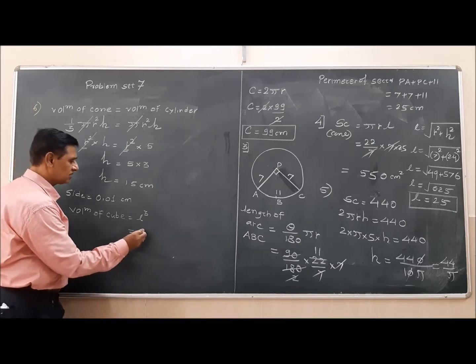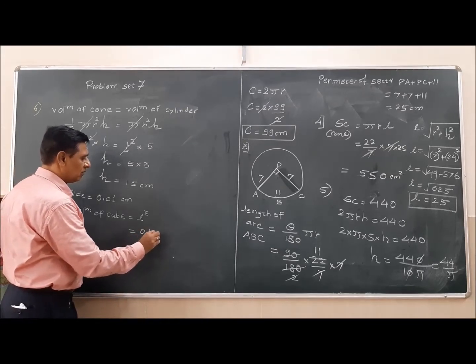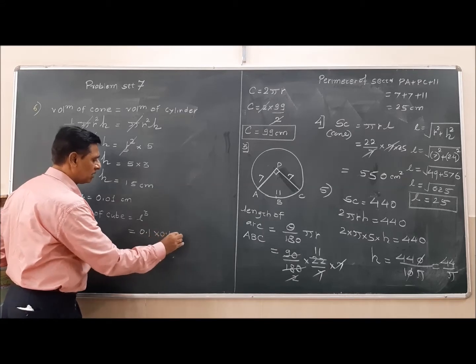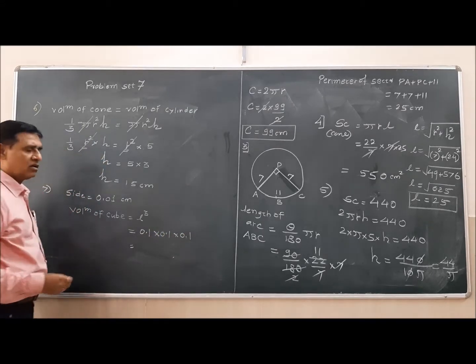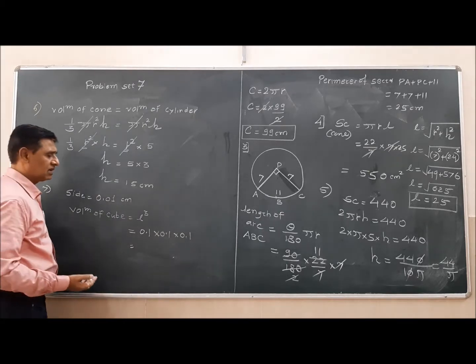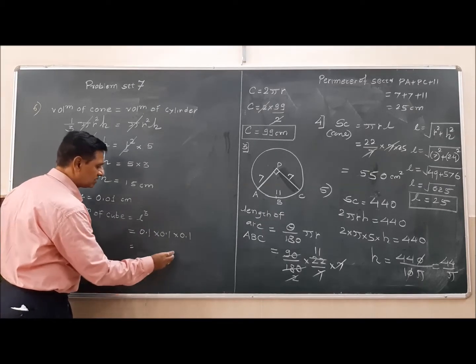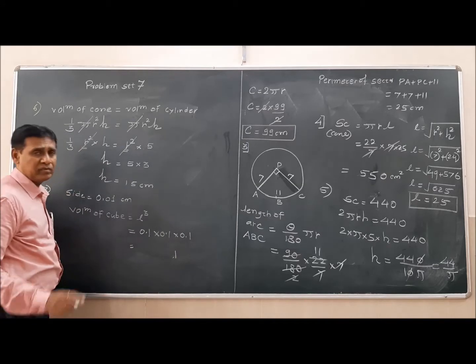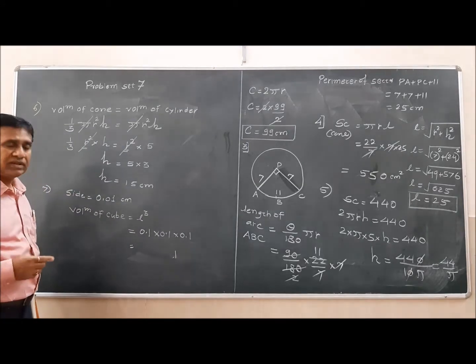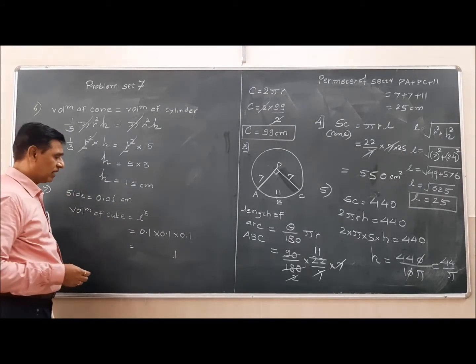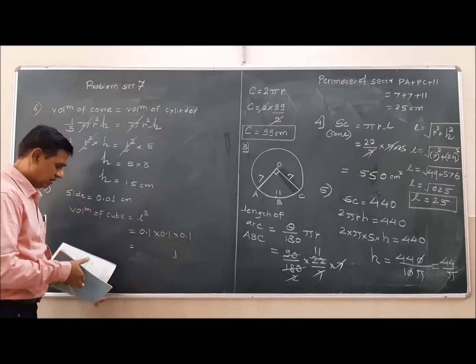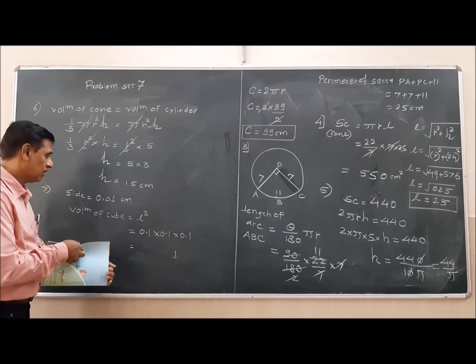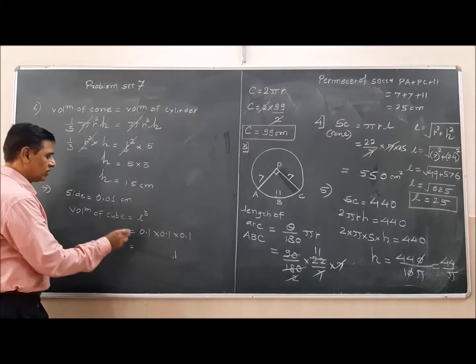So I'll get it as 0.1 multiplied by 0.1 multiplied by 0.1. Of course, you will find that 1 into 1 into 1, so I'll get 1. But you have to be very careful now while placing the decimal. So I'll get it as, sorry, I made a mistake here, 0.01.